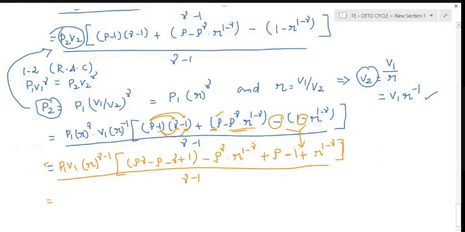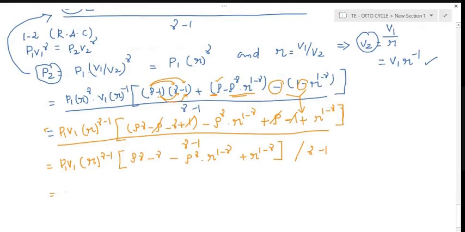Minus gamma here, plus gamma get cancelled, plus 1 minus 1 get cancelled, and the remaining term is P1 V1 into r power gamma minus 1 into rho gamma minus gamma minus rho gamma into r power 1 minus gamma plus r power 1 minus gamma. So this is the thing, whole divided by gamma minus 1.